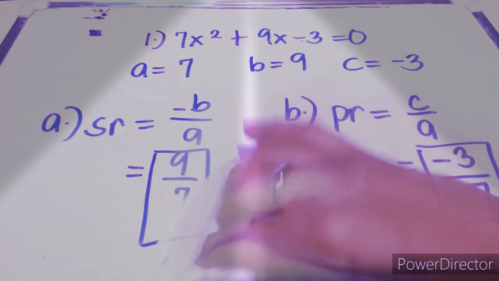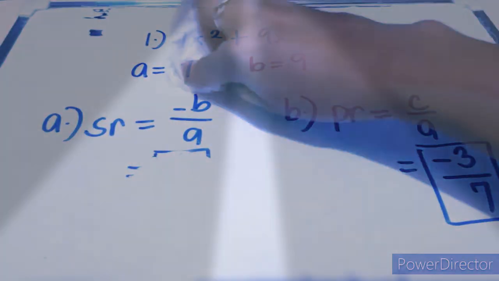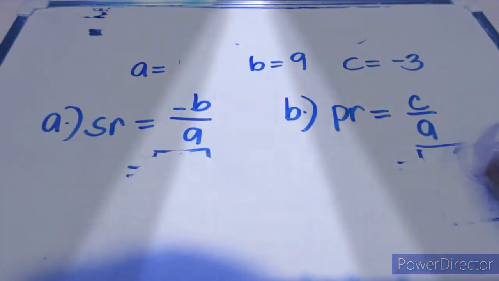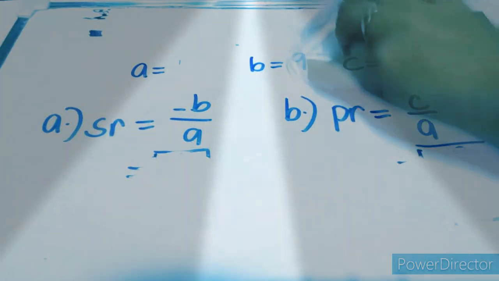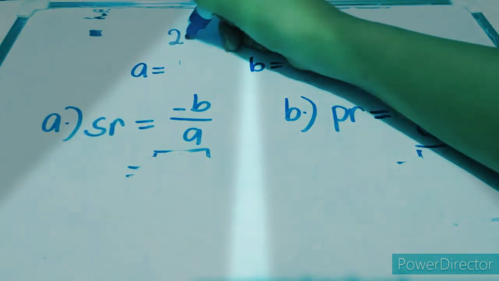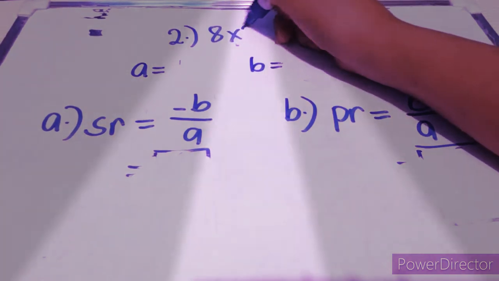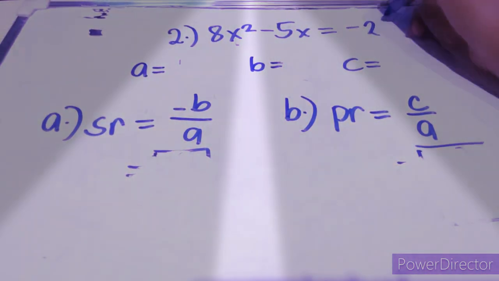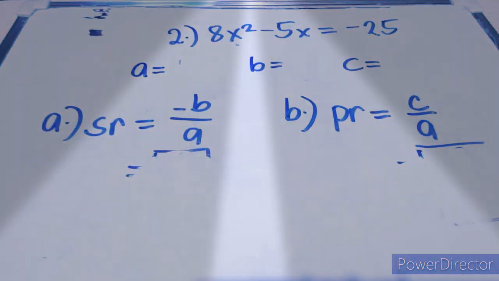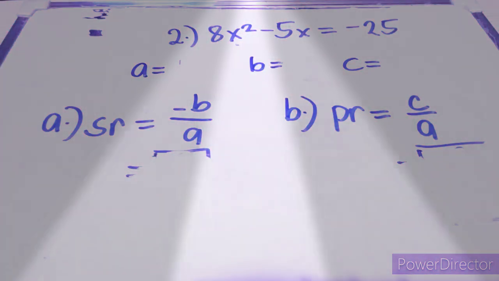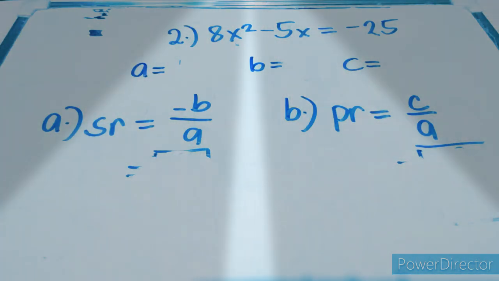Next, we'll proceed to the number 2 given quadratic equation. The given is 8x squared minus 5x equals negative 25. Before we identify the values of a, b, and c, let us transform first this quadratic equation into the standard form.